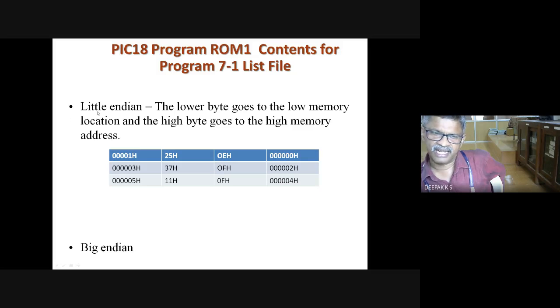So this is the little endian concept. The lower byte goes to the lower memory location, the higher byte goes to the higher memory address. So when there are 2 bytes, where you should put them, this PIC18 follows the little endian system. Had it been big endian, it would have been 25H here and 0EH here. So all these would change. However, for PIC18 it is like this.